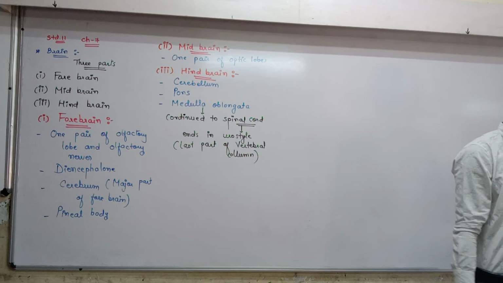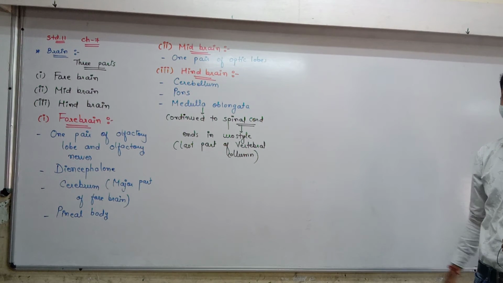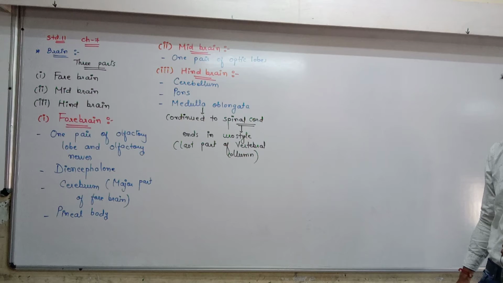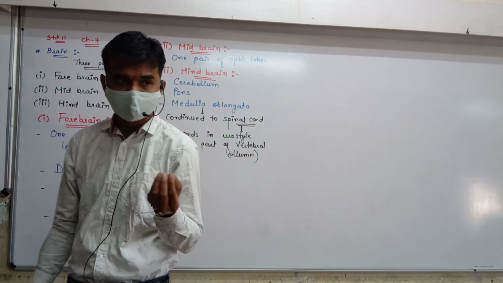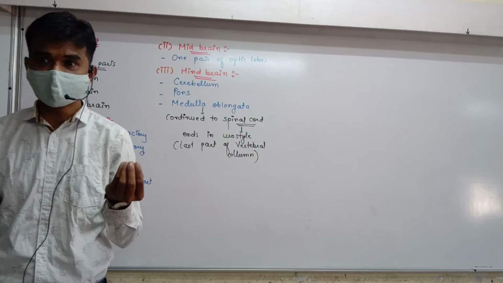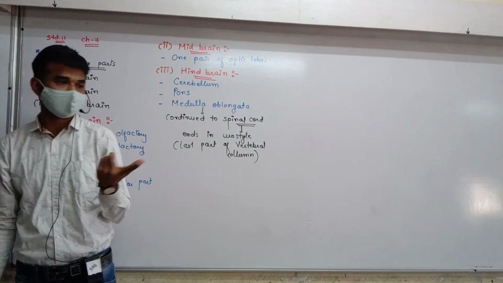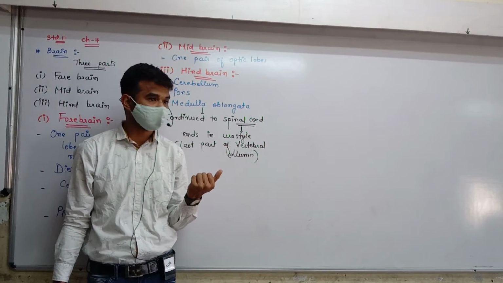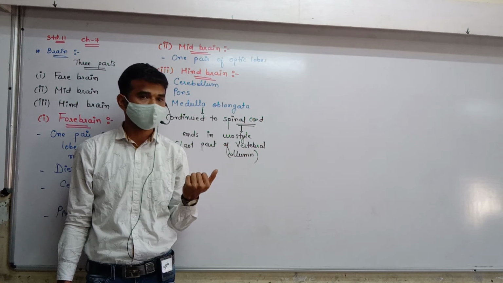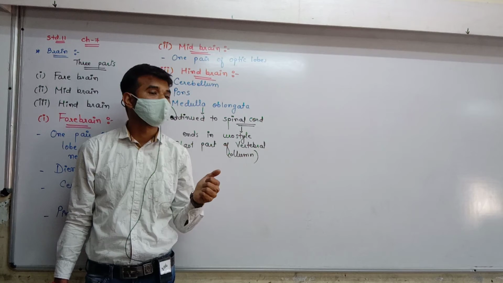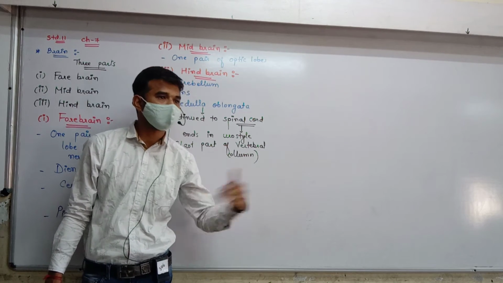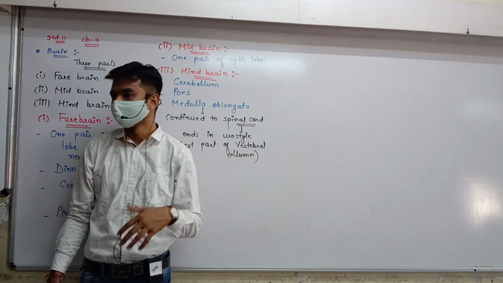Hindbrain. It consists of three regions. Cerebellum. Cerebellum is responsible for body balance as well as posture. Then along with that, equilibrium. Both are same, equilibrium balance.